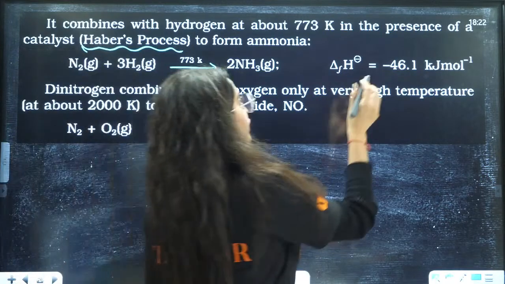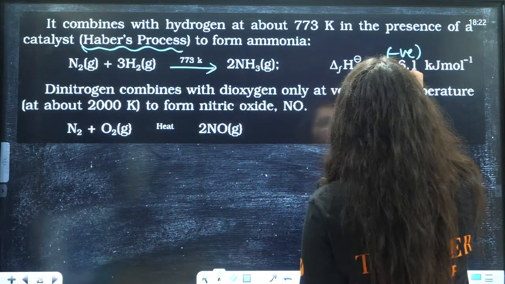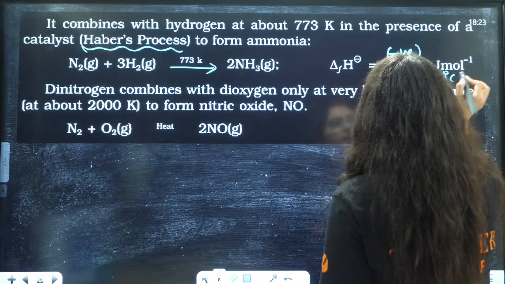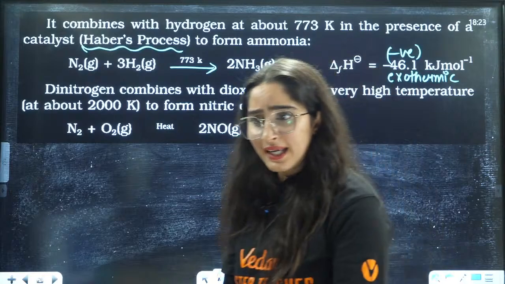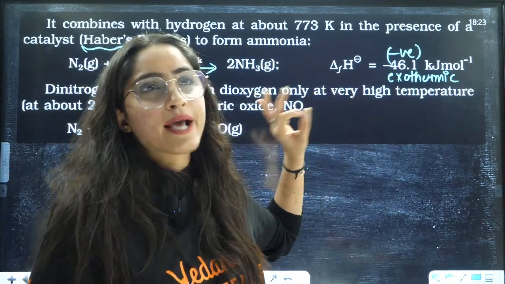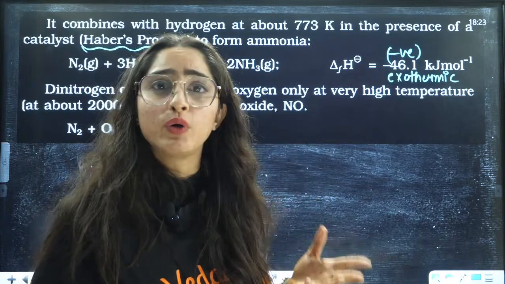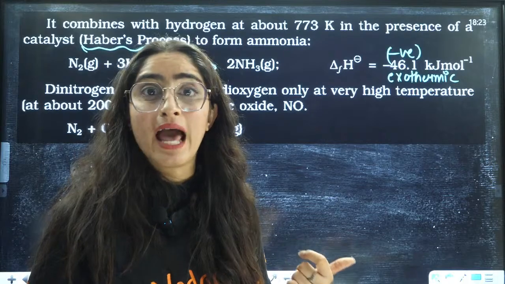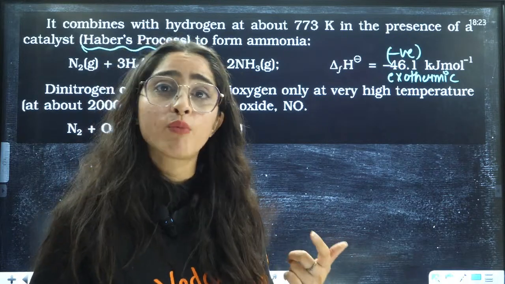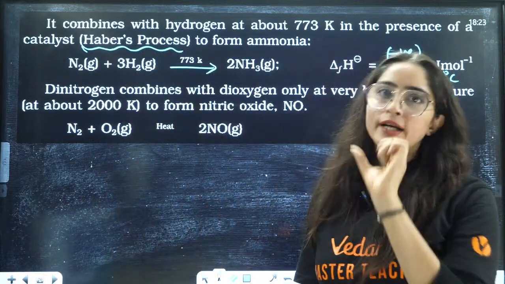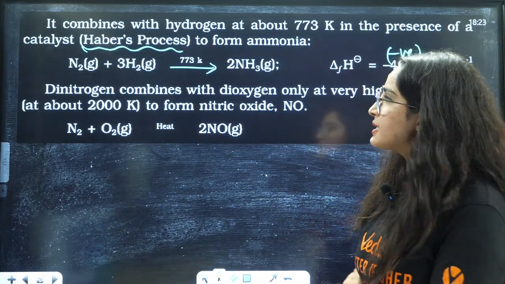And what you need to remember is this is exothermic in nature. They will not ask you this directly, but they can ask you applying the exothermic situation in maybe equilibrium, maybe asking you the spontaneity of the reaction. In the Gibbs-Helmholtz equation they can ask you, right? So these little points you should remember, right?